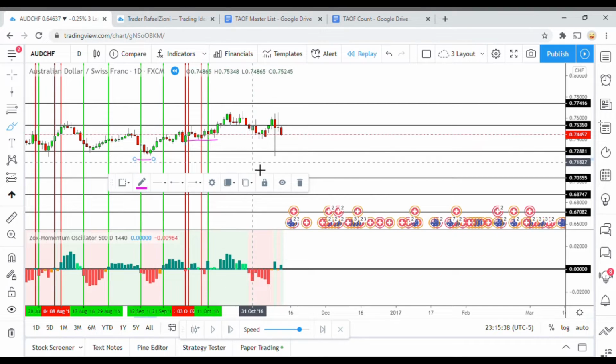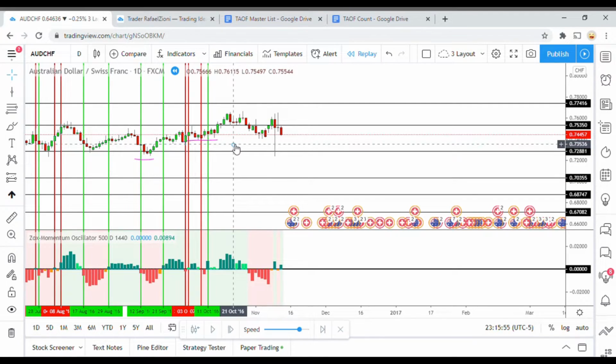Maybe even down here they would have had their stops in place, just kind of layered all throughout this area. And you see that this long tail right here, it came down and just annihilated people's stops.